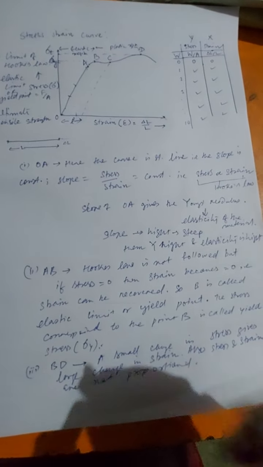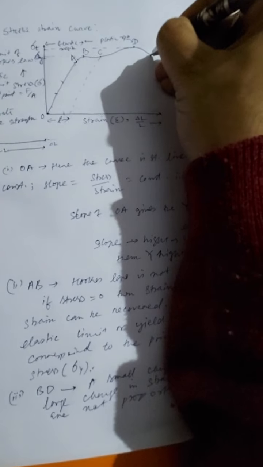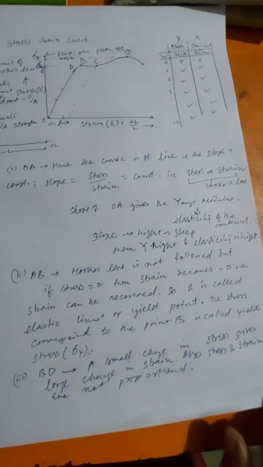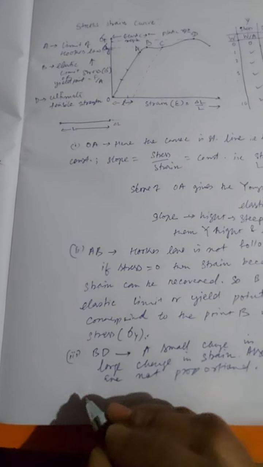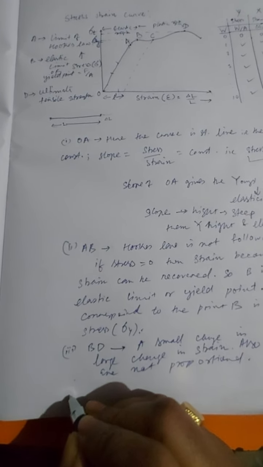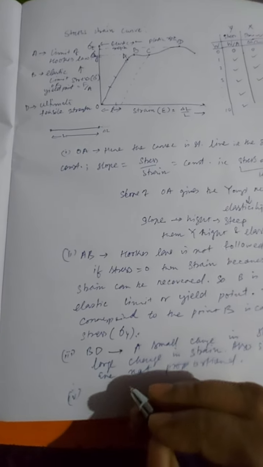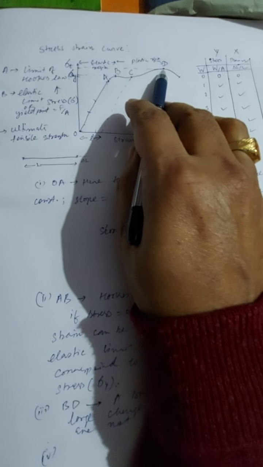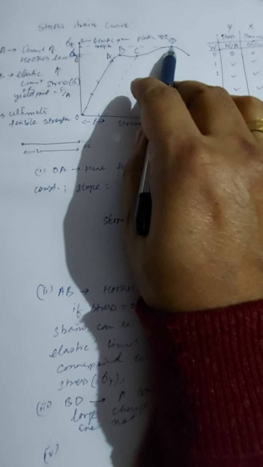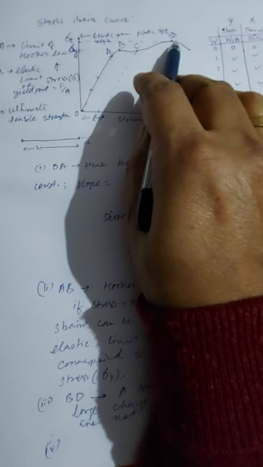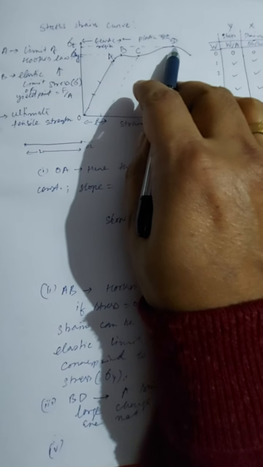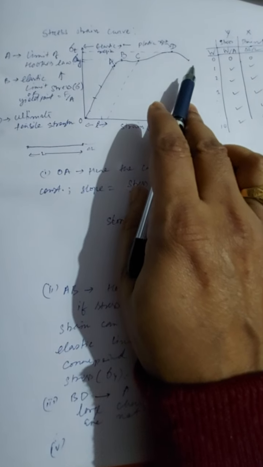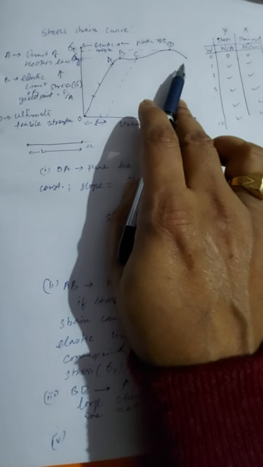Now a very interesting phenomenon happens after D. So what happens after D? Beyond D, as you can see, if we increase the stress beyond D, even if we reduce the stress, the strain keeps on increasing. How is it possible that strain keeps on increasing?